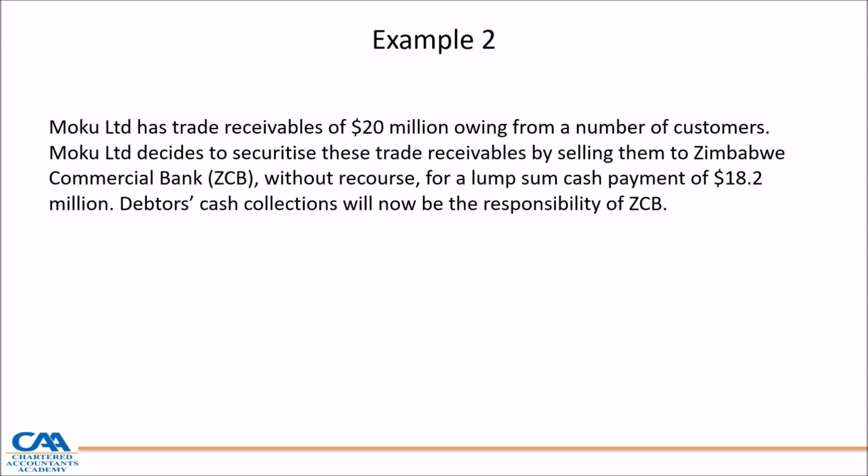So in a case where you transfer with recourse, can you see that Moku is actually exposed to the risks and rewards of ownership of the trade receivables, as ZCB may go and claim amounts not collected from Moku, which therefore means that Moku essentially still controls the trade receivables.